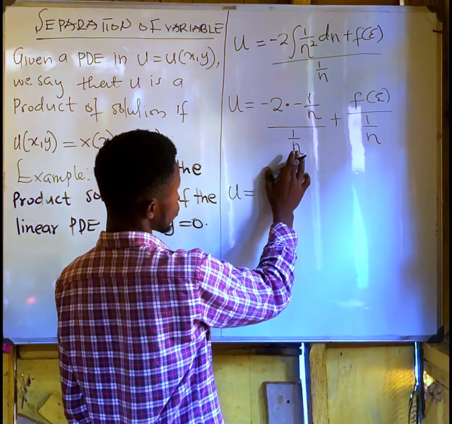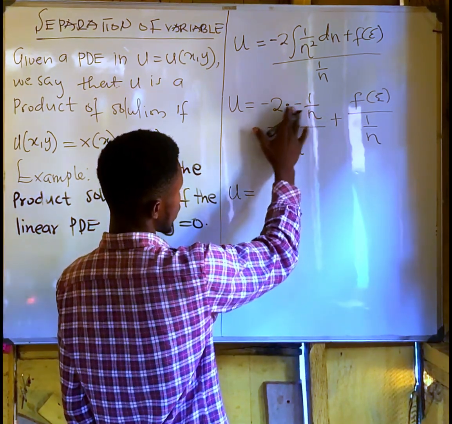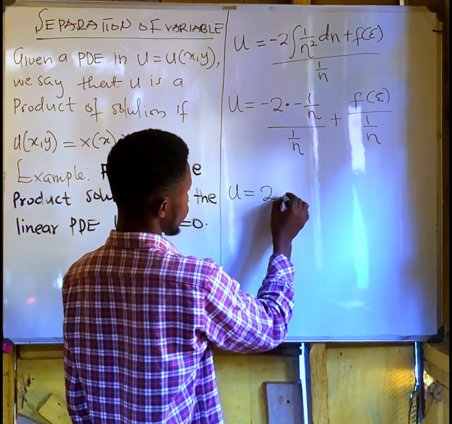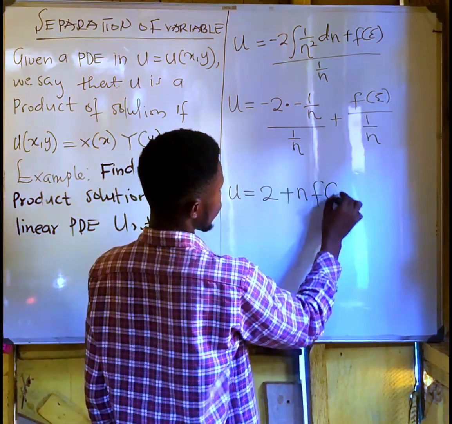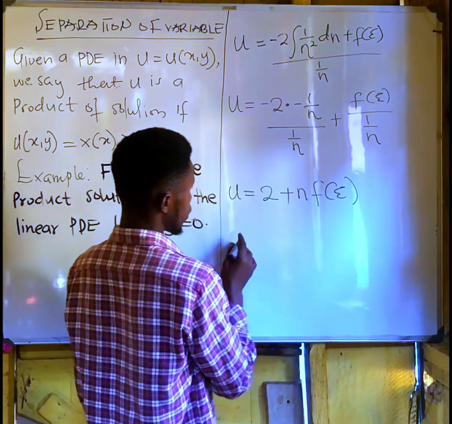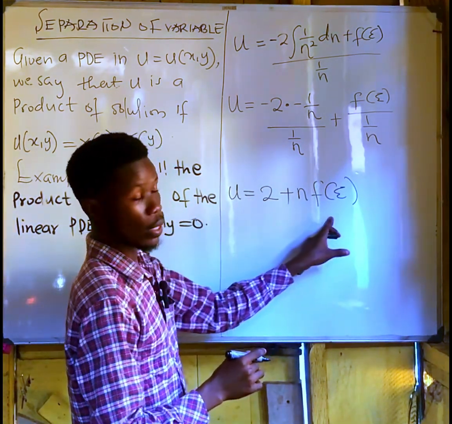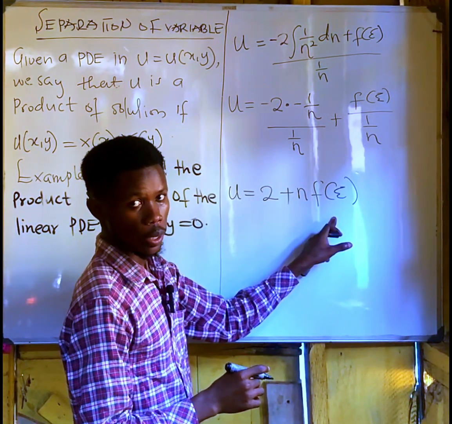Is that okay? So this eta will cancel this eta. Negative times negative will be positive 2, plus this eta will come and multiply this, so that will be eta f of xi. Is that okay? So this becomes a solution to it.